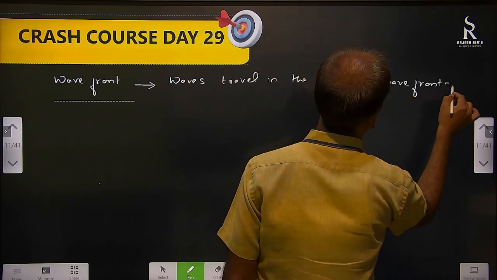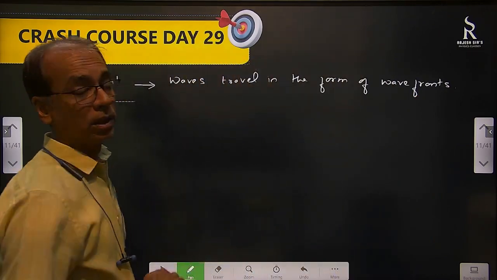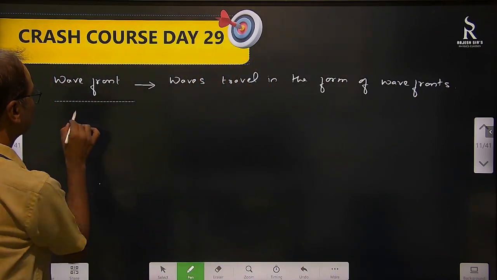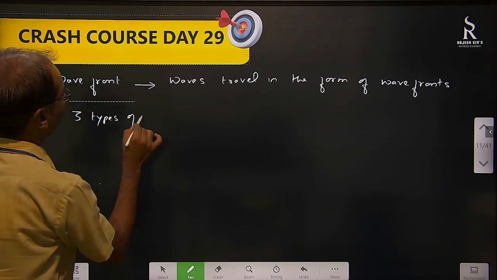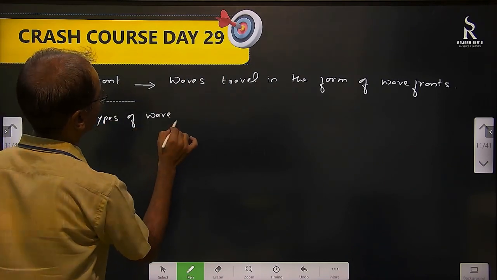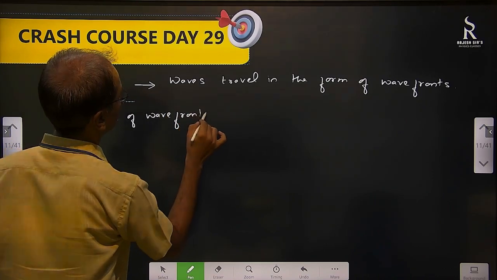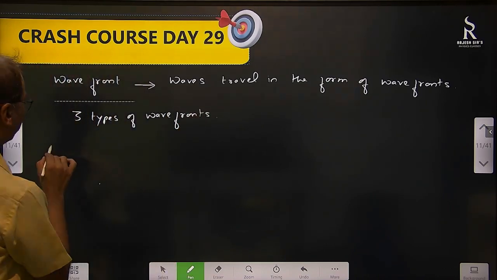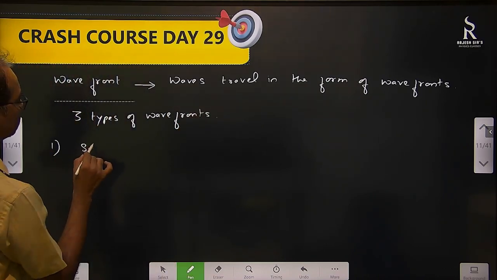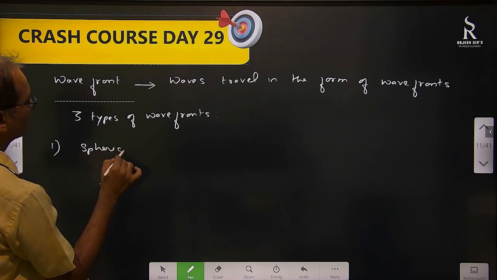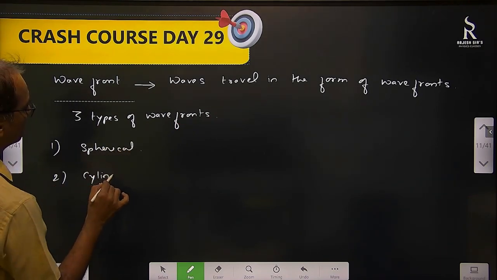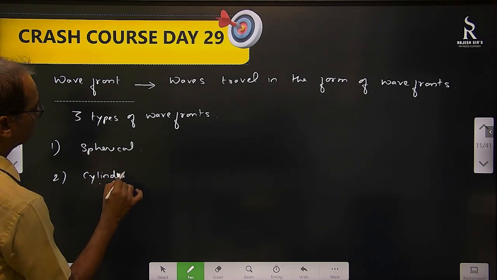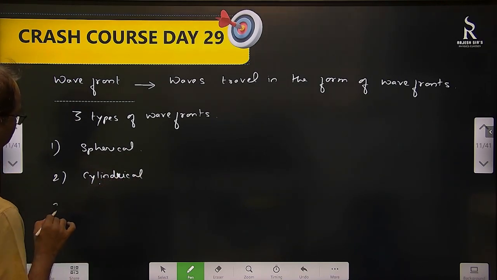Then he said there are 3 types of wavefronts: one spherical, cylindrical, and plane.